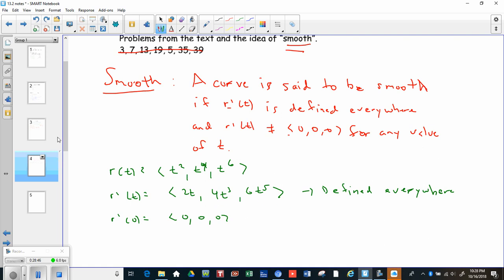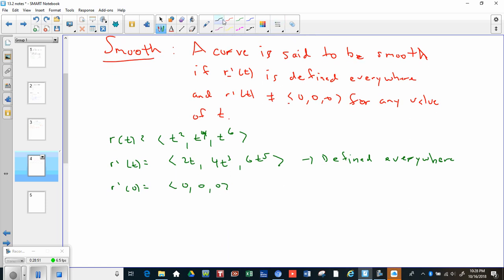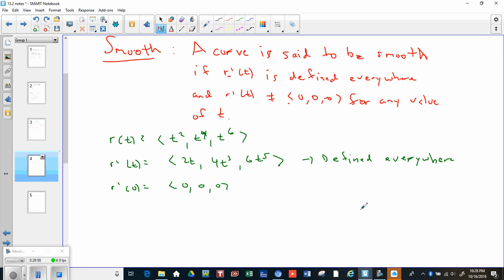So let's take a look at kind of what this looks like. I'll try and do my best here to sketch this for you. So if we take and just kind of sketch a very general three-dimensional plane here.